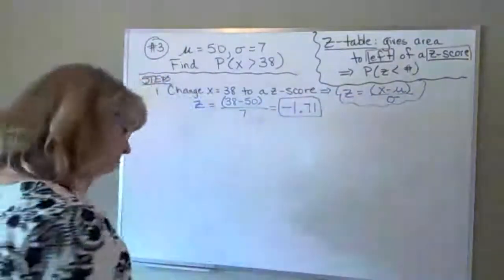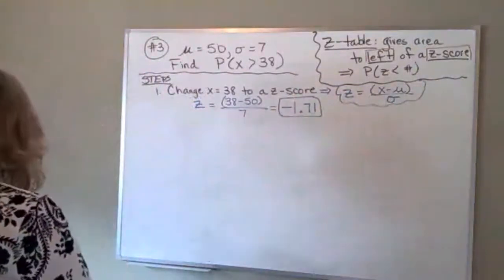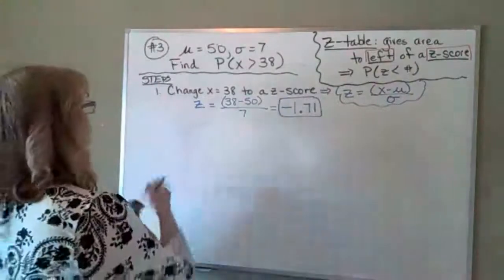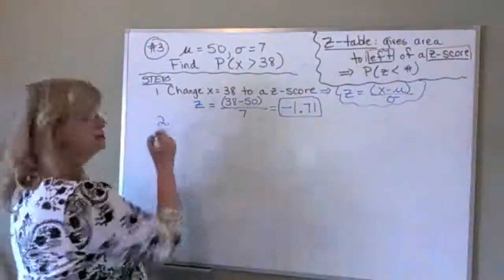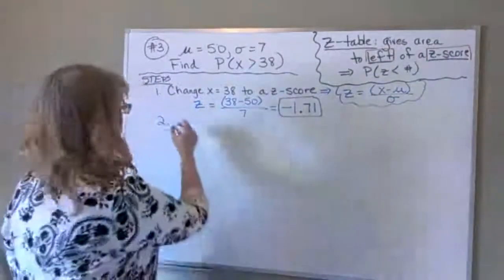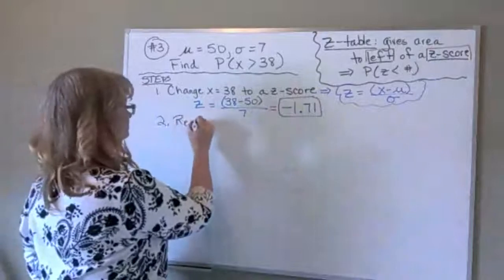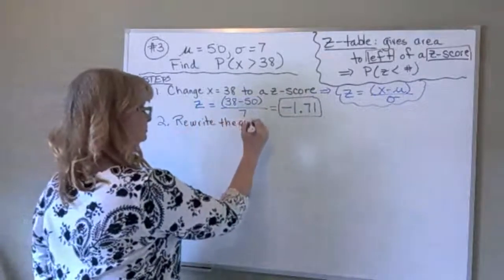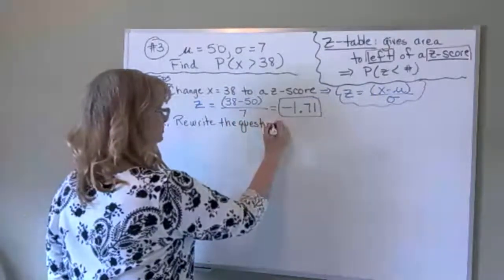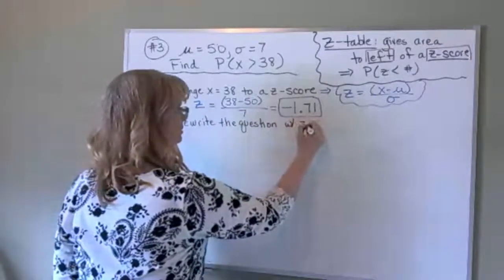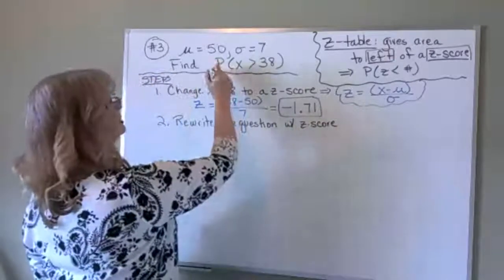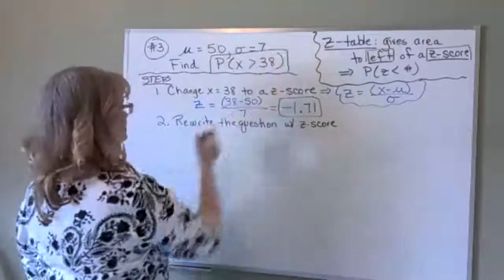All right, so if this is negative 1.71, that's the first step. Step 2. Step 2 is a really easy step because for step 2, we're just going to rewrite the question with the z-score. So up here, this was the question.